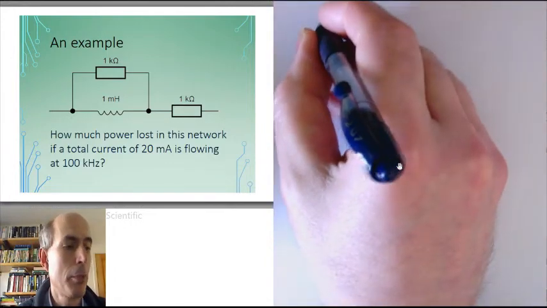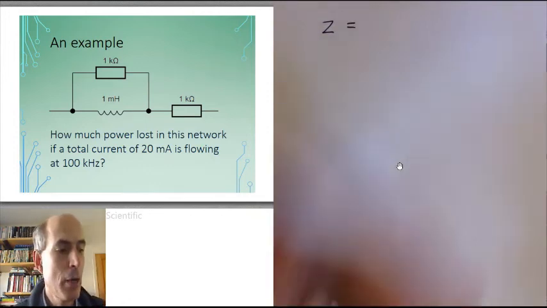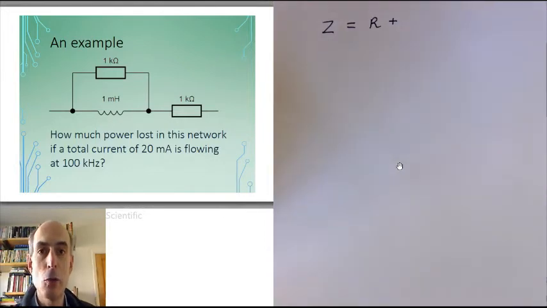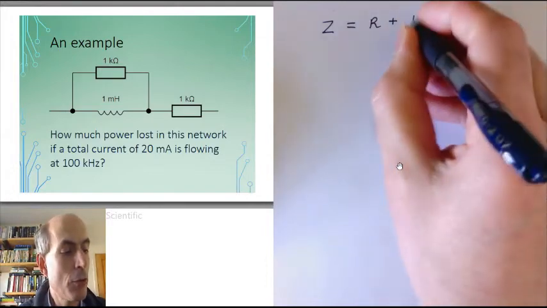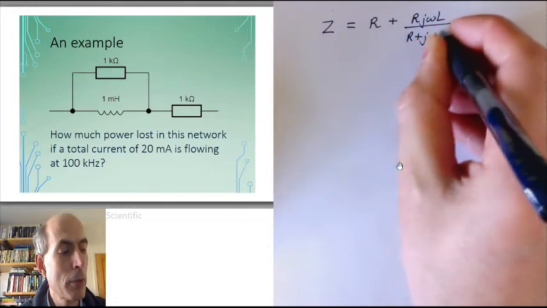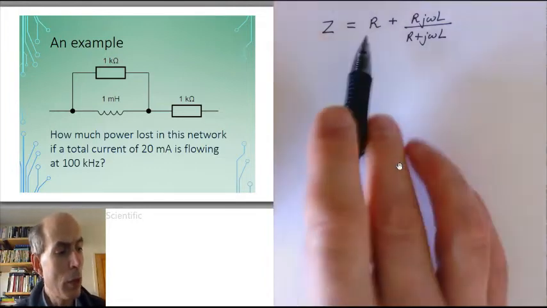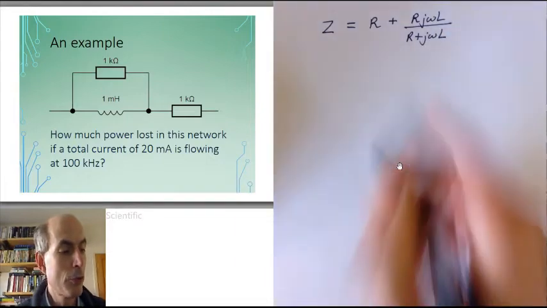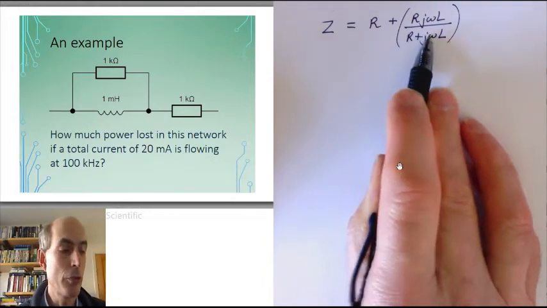Z, the complex impedance of the whole network, is just going to be a 1K resistor, I'll just call it R for now, plus a 1K resistor in parallel with that inductor, which I will call L for now. So that's R times j omega L divided by R plus j omega L, standard formula for two components in parallel. Right, we'd need to express this in terms of a real part plus an imaginary part, so we'll need to express this term here in terms of its real and imaginary components.